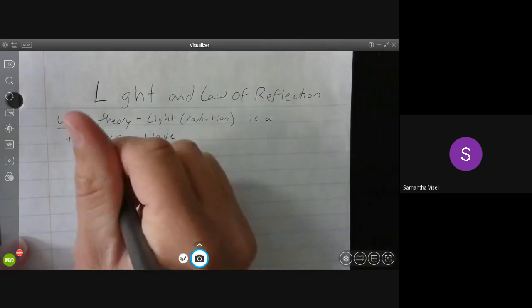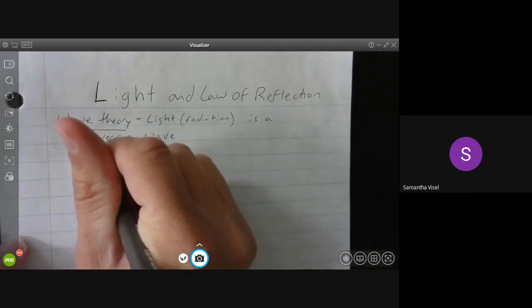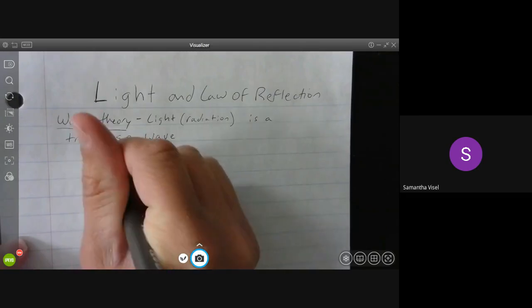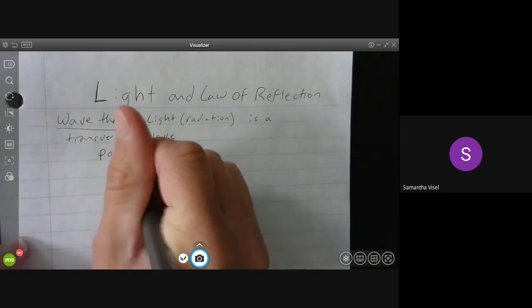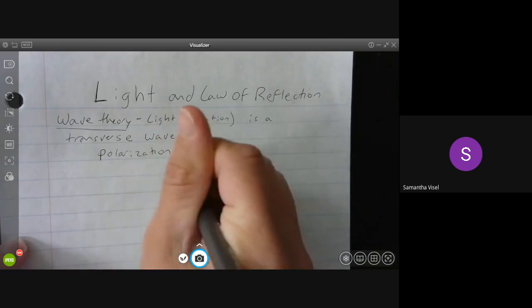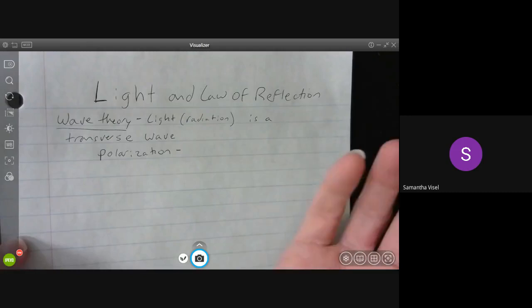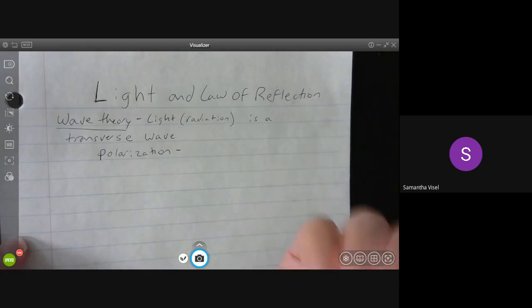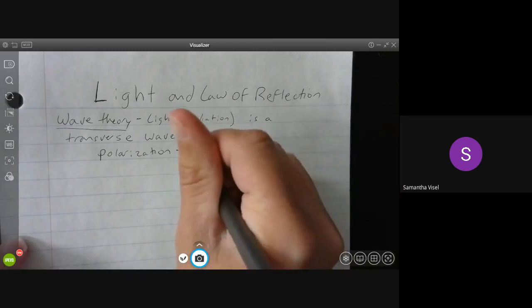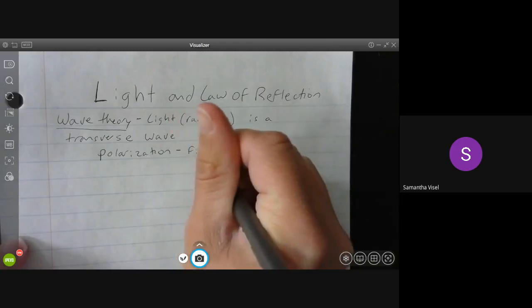So one of those first observations, behaviors that we can see is the fact that we can polarize light. Polarization, you might be more familiar with if you have polarized sunglasses. All polarization is the filtering of any form of radiation.